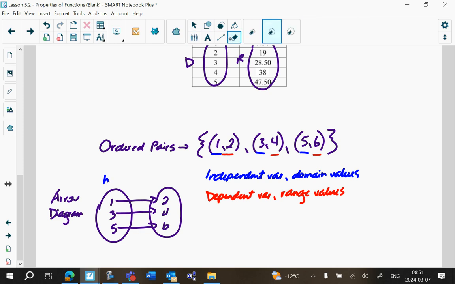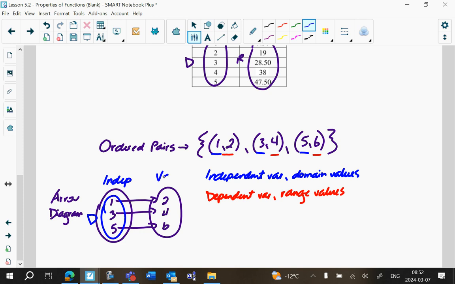First oval represents the independent variable and then the domain values. Second oval represents the dependent variable, the range values.